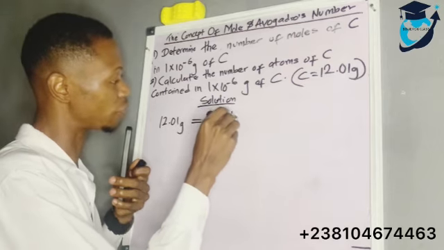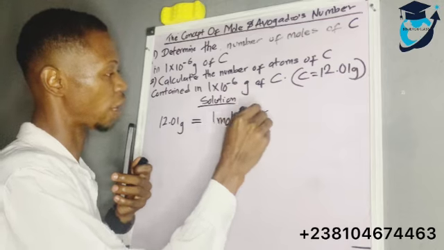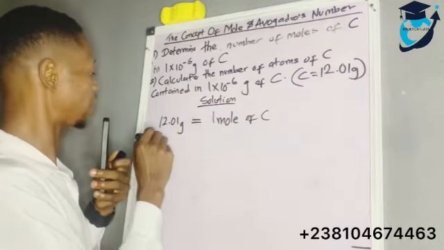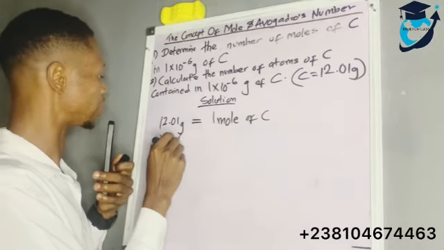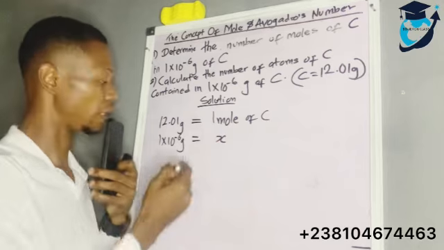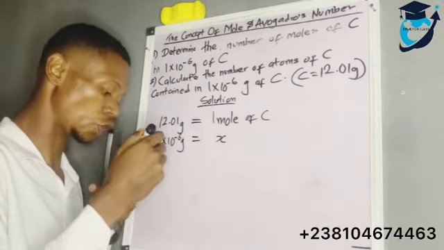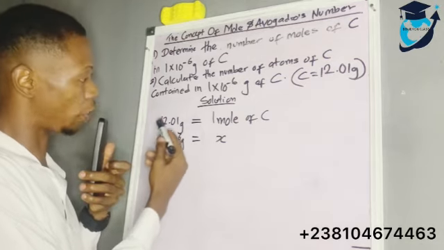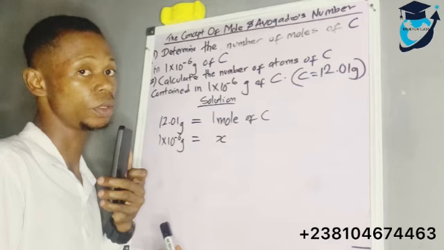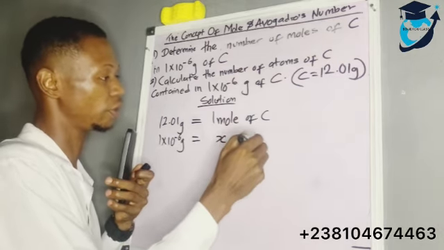If you check our last video, that is what I told you about 1 mole of carbon. So from this respect, we can check how many moles are inside 1.0 times 10 raised to minus 6 gram. So you see that I put gram under gram so that mole goes under mole. You understand? So X mole of carbon.